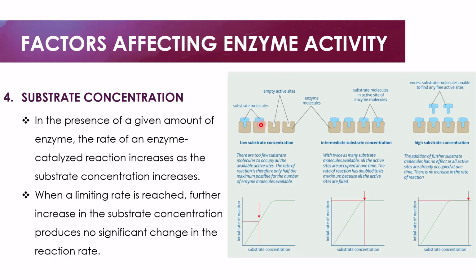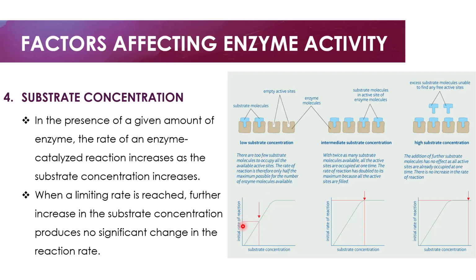And this condition results in some of the enzyme's active sites not being filled, since there are too few substrate molecules to occupy all the active sites of the enzyme. Hence, the rate of reaction is half the maximum reaction in this condition.